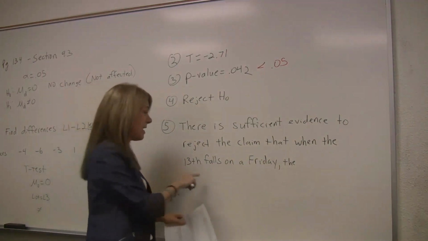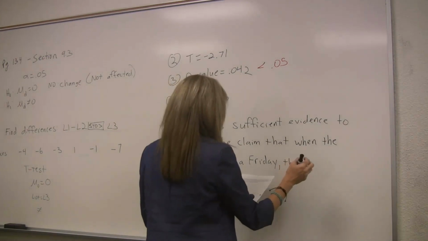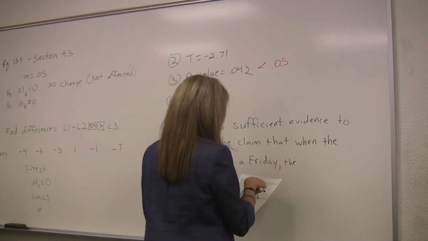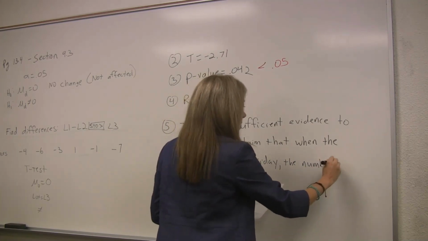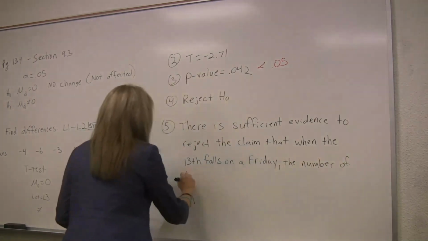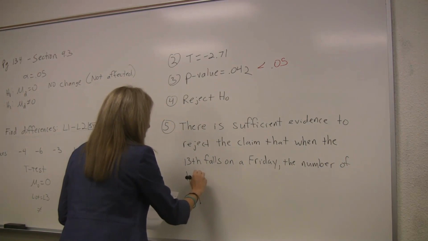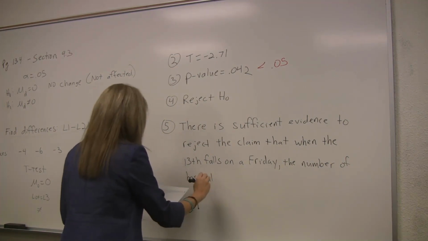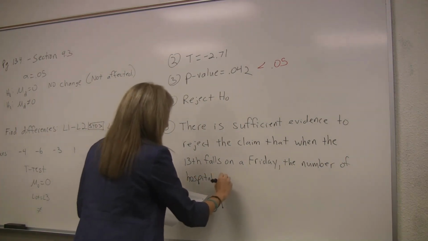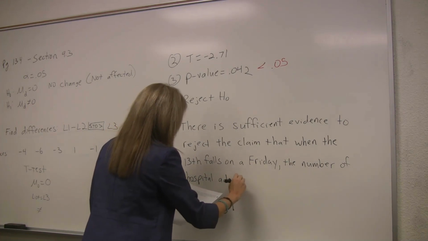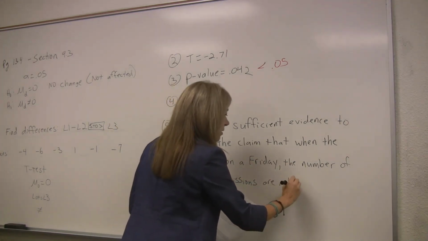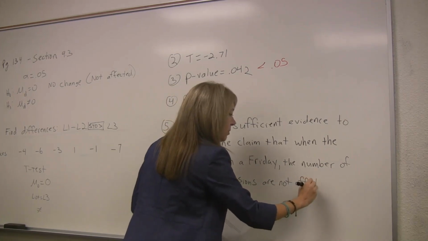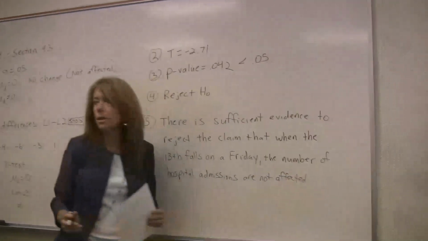You get one free pass, and that's it. You want to assume that someone who knows nothing about statistics can read your conclusion and make sense of it. Number of hospital admissions are not affected. I think I left out a few words, but pretty close.